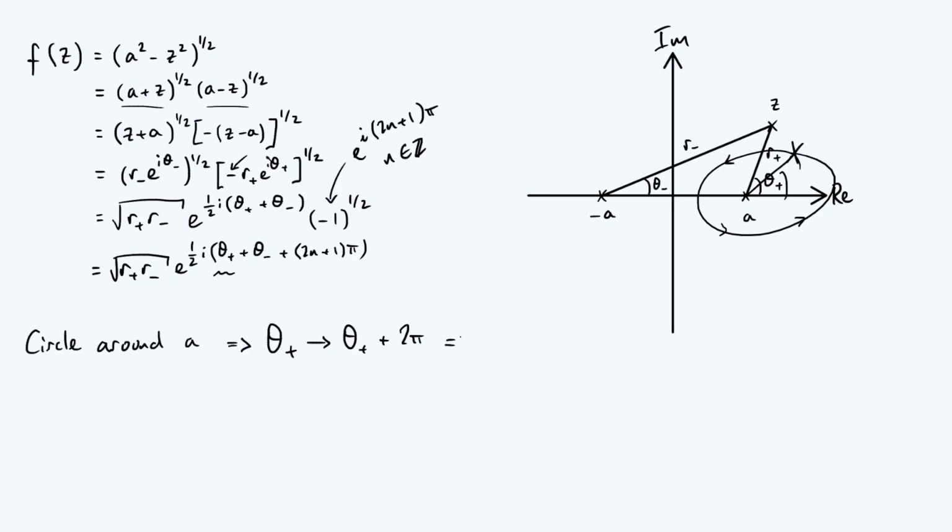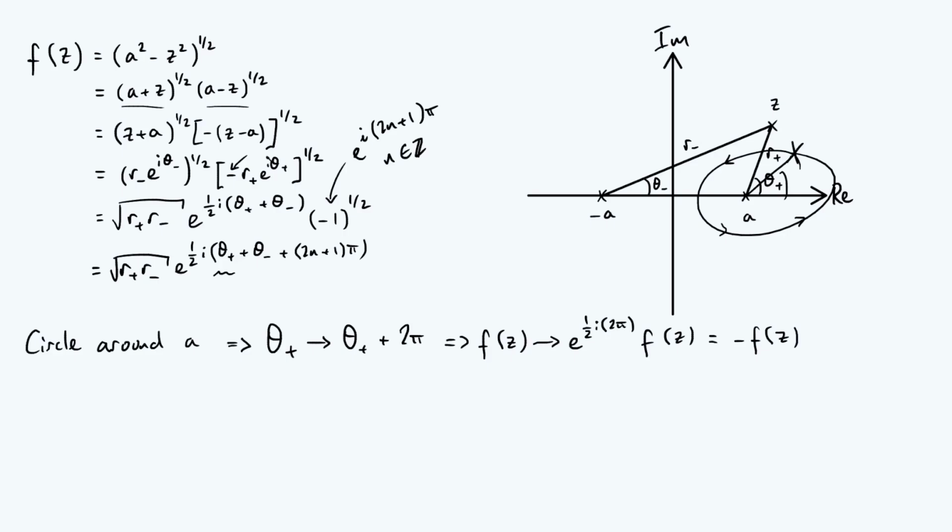So what was originally f of z is now going to turn into e to the half i times 2 pi multiplied by f of z. e to the half i times 2 pi is e to the i pi, which is just minus 1, and therefore f of z turns into minus f of z when you move in a complete loop around point A. So we've therefore shown that A is a branch point of the function f of z.